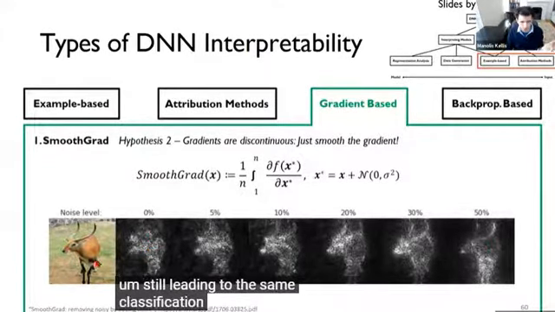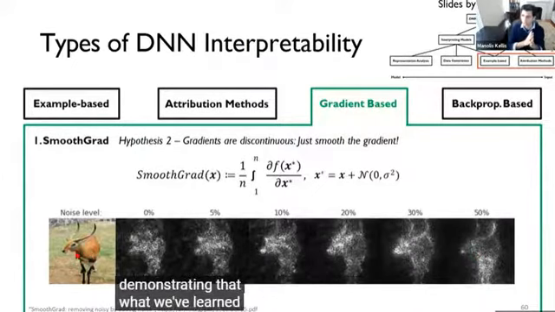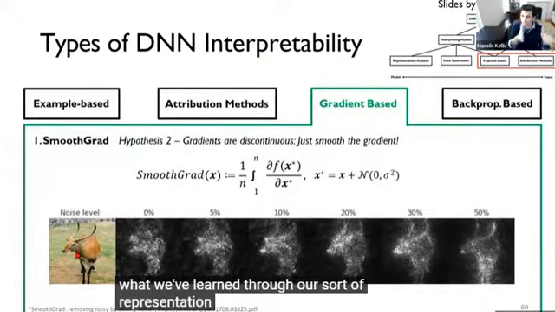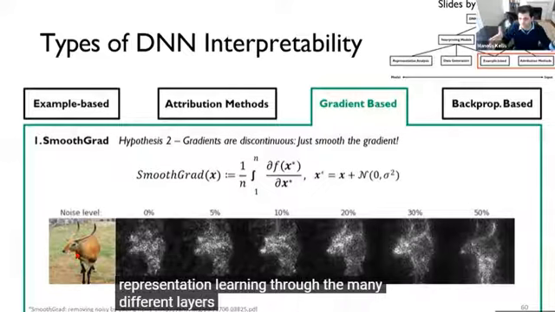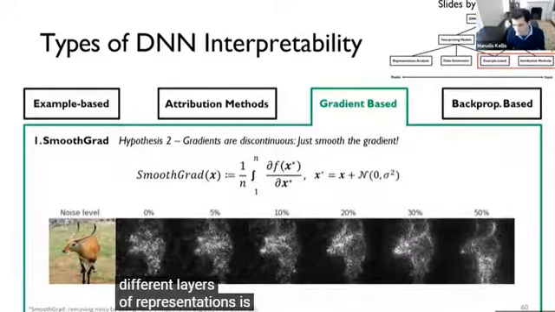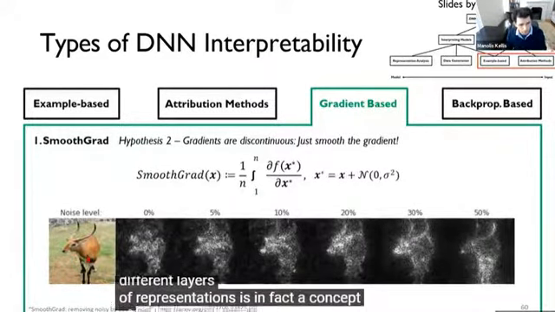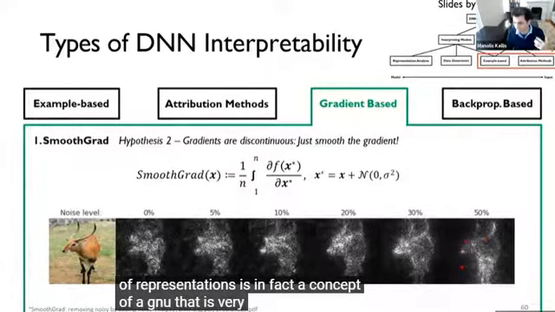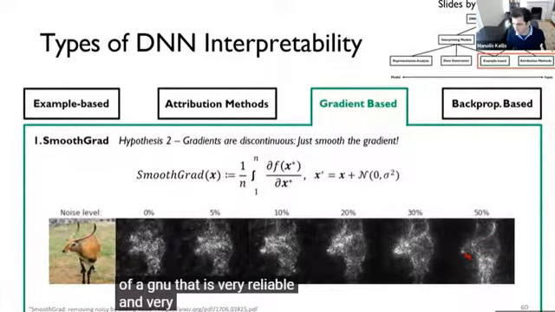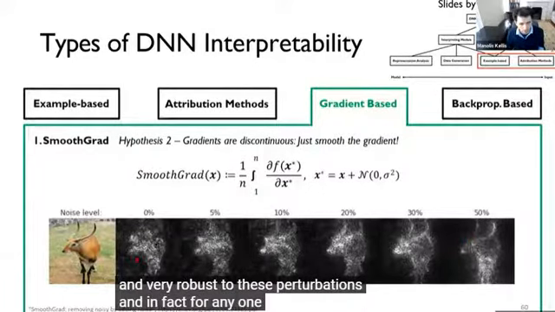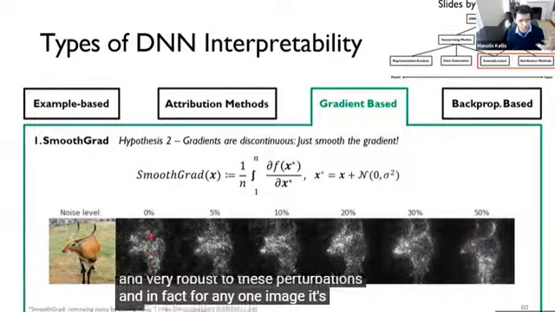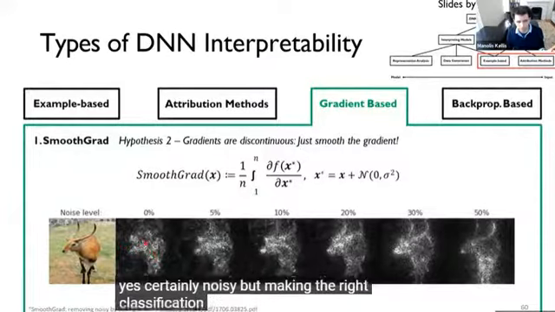But they're also demonstrating that what we've learned through our representation learning, through the many different layers of representations, is in fact a concept of a GNU that is very reliable and very robust to these perturbations. And in fact, for any one image, it's certainly noisy, but making the right classification.